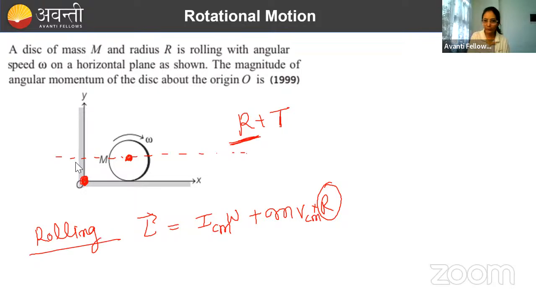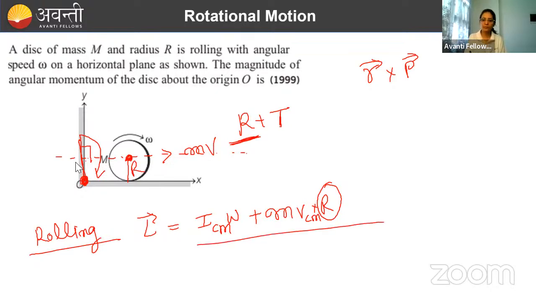The linear momentum of this disc will be in this direction, MV. Angular momentum is R cross P. The angle between R and P is 90 degrees, and the distance equals the radius. So I_CM omega plus M V_CM R.